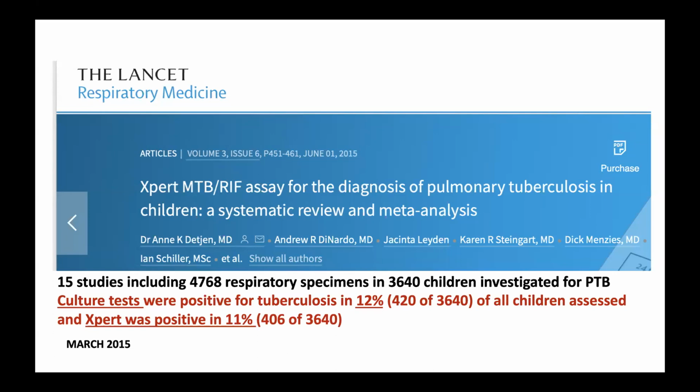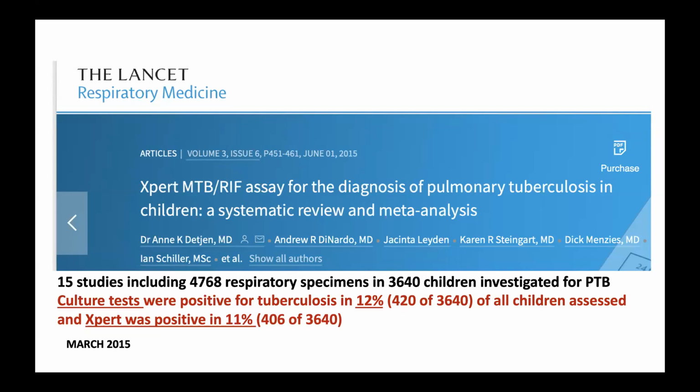And culture is usually seen to be the reference. Now, for tuberculosis, there's no good gold standard. But most of the time when you're discussing sensitivity and specificity, the reference test is taken to be culture.